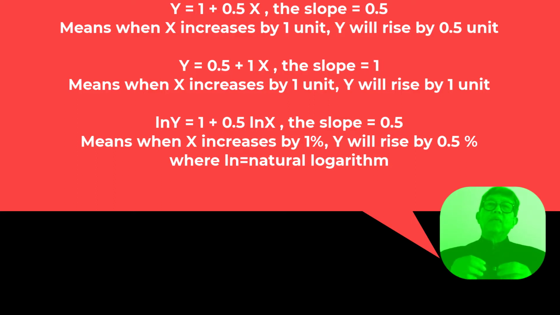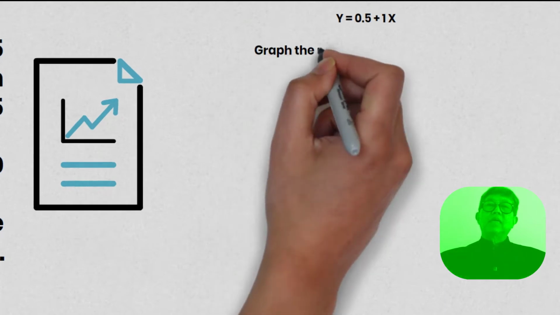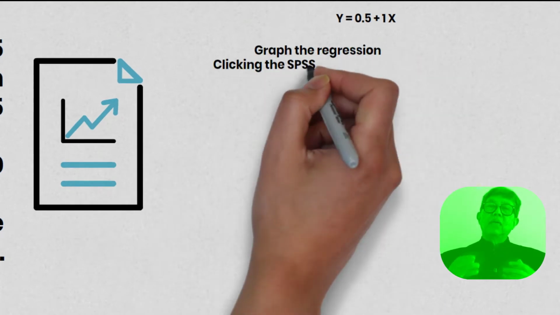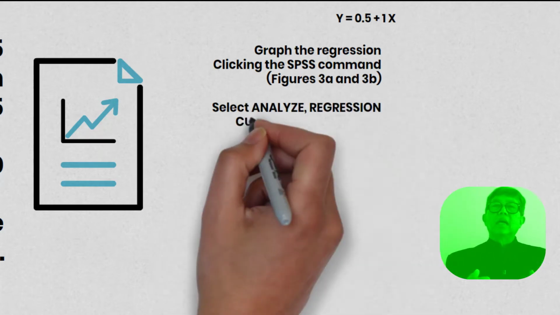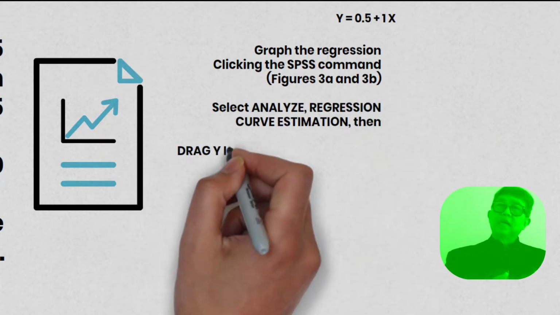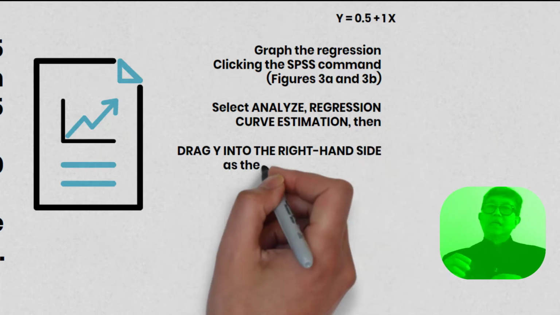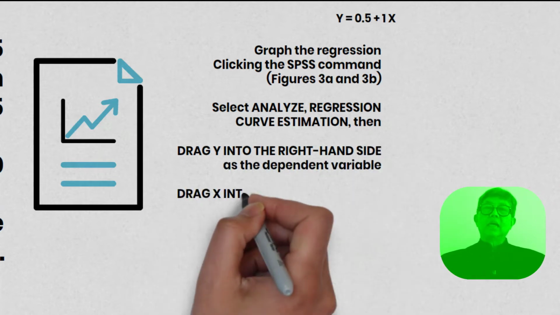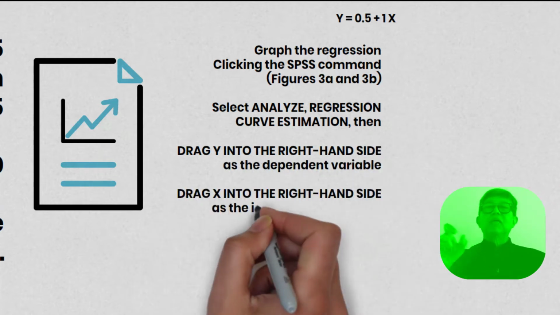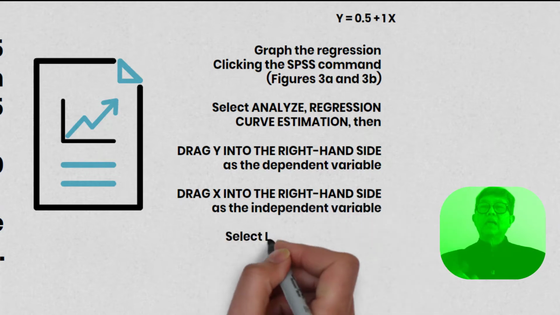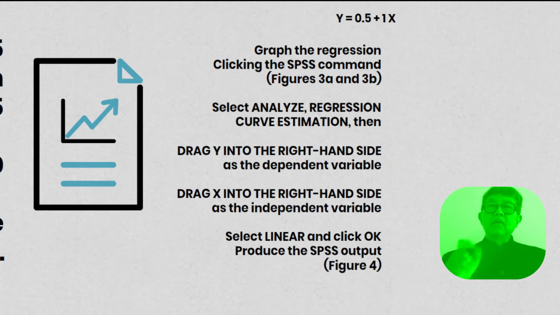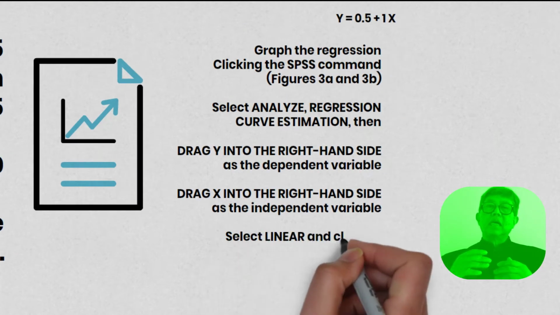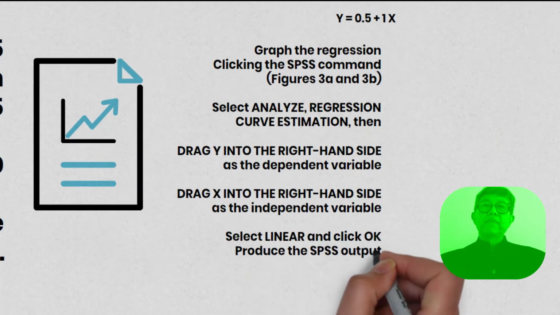If you want to run a regression and the scatter diagram, you can click analyze, regression, select curve estimation, and drag y into the right hand side as the dependent variable, and then drag x into the right hand side as the independent variable.